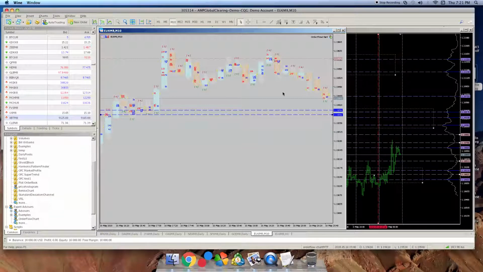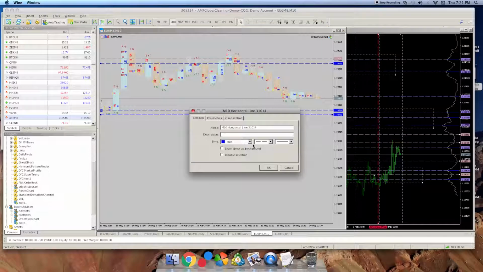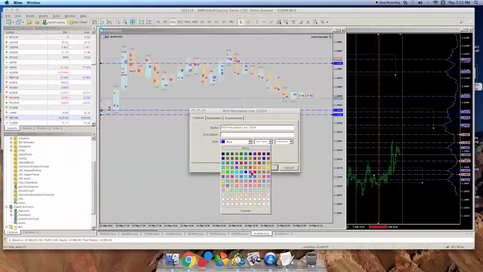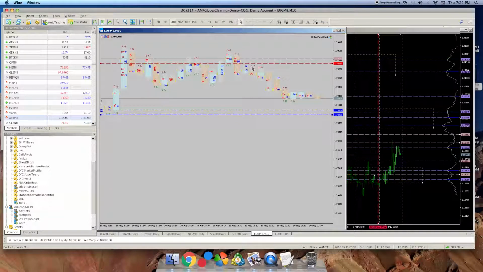So we can sell right there, or we can wait for that area, which eventually will be a cluster. This one will be a selling cluster, and to sell here.